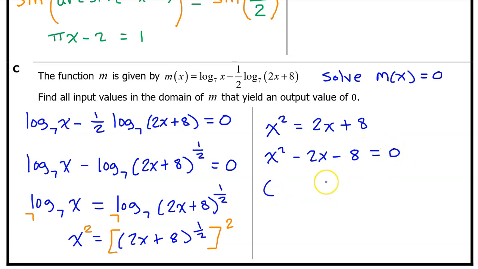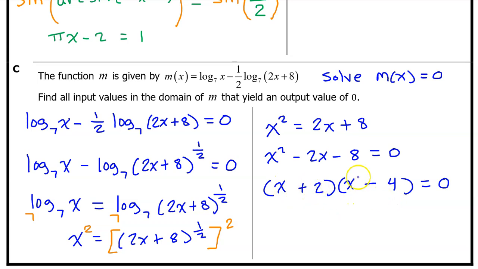If we're lucky, this is factorable. Otherwise, we have to use the quadratic formula. X squared will factor as x times x, and 8 will factor as 2 times 4. Inner plus outer must equal the middle. So we need an inner of positive 2x and an outer of negative 4x.